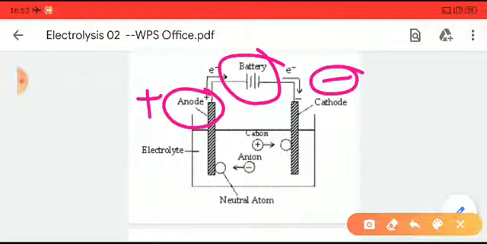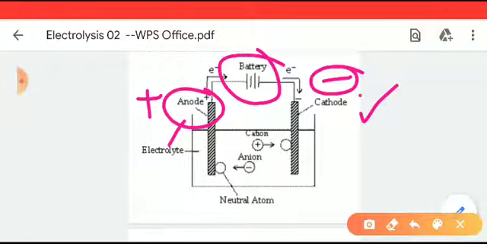So the negative terminal of the battery is attached to the cathode and the positive terminal of the battery is connected to the anode.